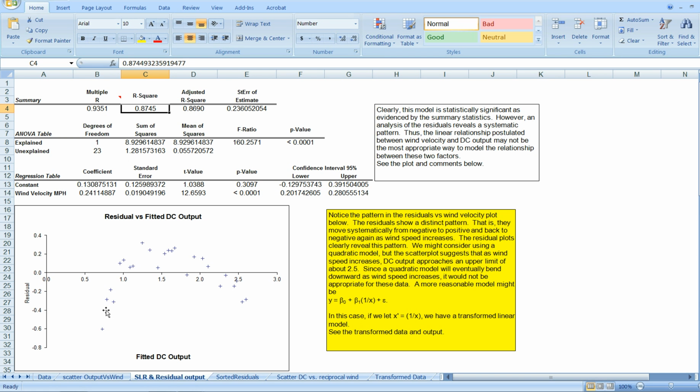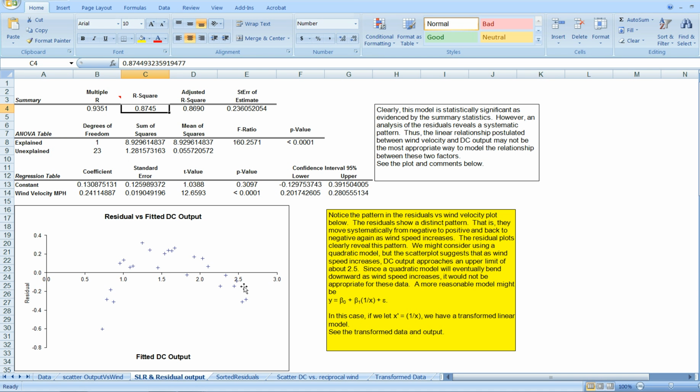At one point the residuals are negative, then the residuals are all positive, and then they become negative again. And so this is evidence to suggest that we might want to consider whether or not the assumption of linearity is legitimate. And in fact, when I first look at this pattern, I would be tempted to model the behavior between DC output and wind velocity using a quadratic model.